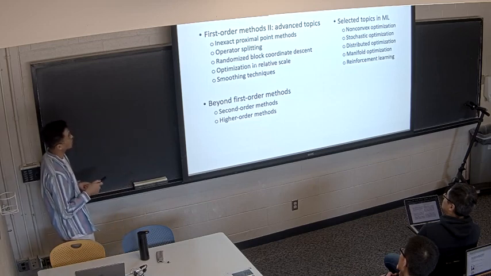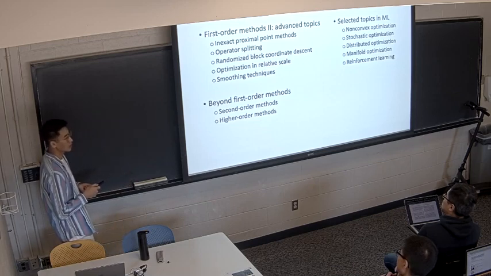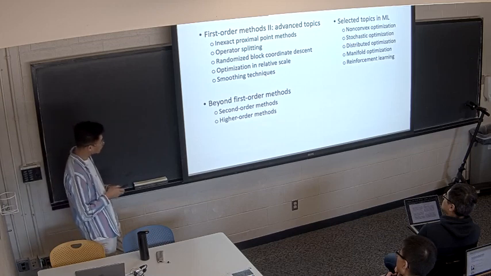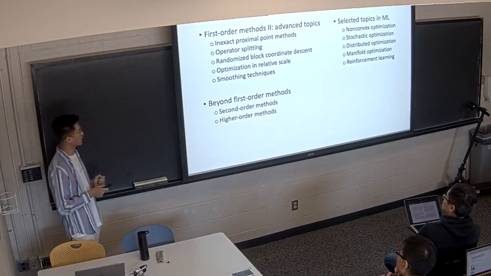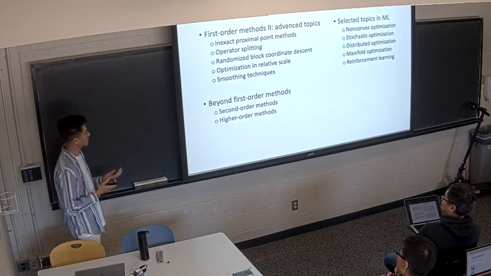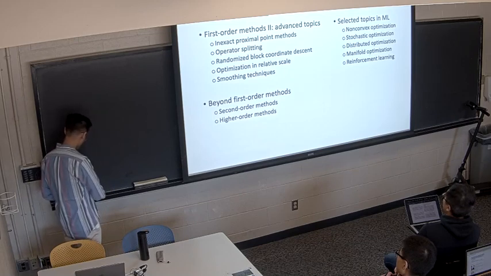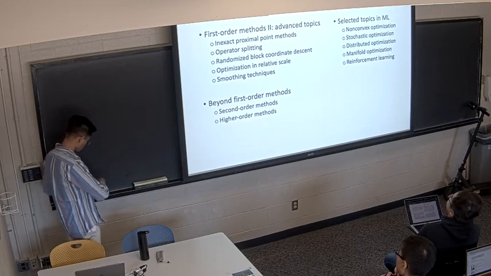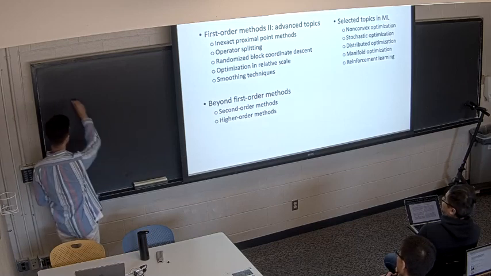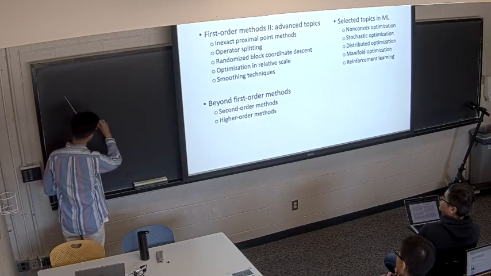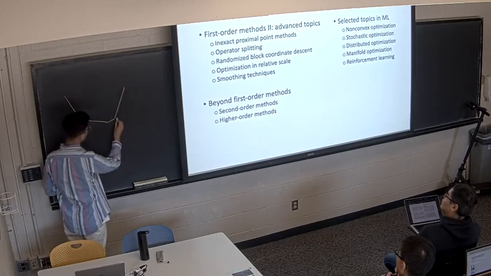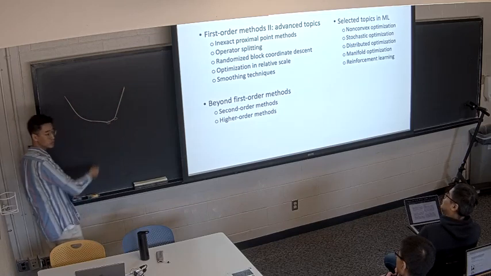And also we will talk about smoothing techniques. In real application, you may not have smoothness in many cases. So you may encounter some bad cases like objective functions where you have some kink. Right, here you have some kink. These are the non-smooth part.